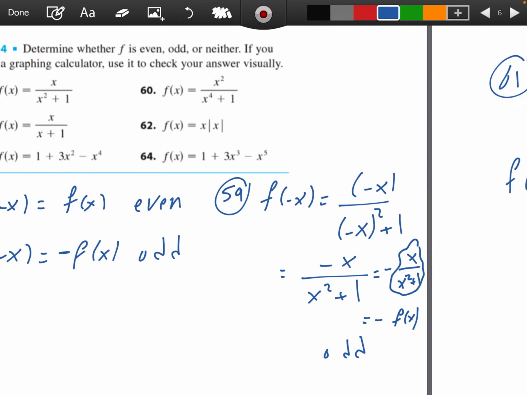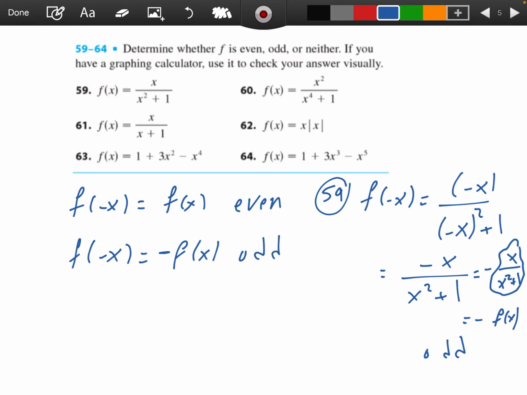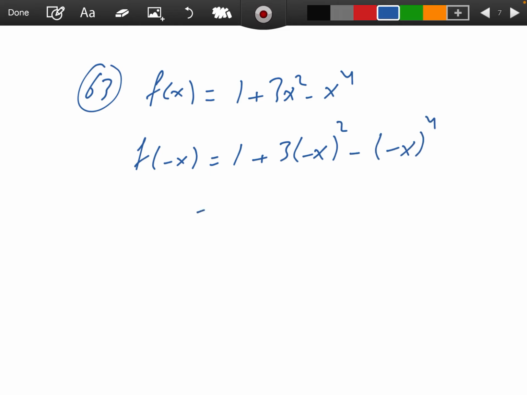Number 63: 1 plus 3x squared minus x to the power 4. Replace x by negative x, we're gonna have 1 plus 3 times negative x exponent 2 minus open bracket negative x to the power 4.